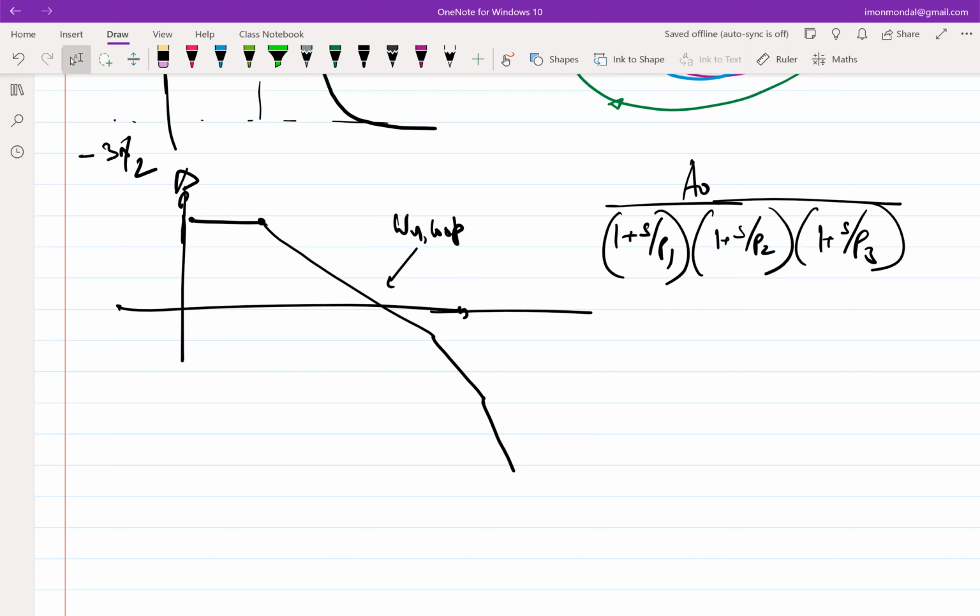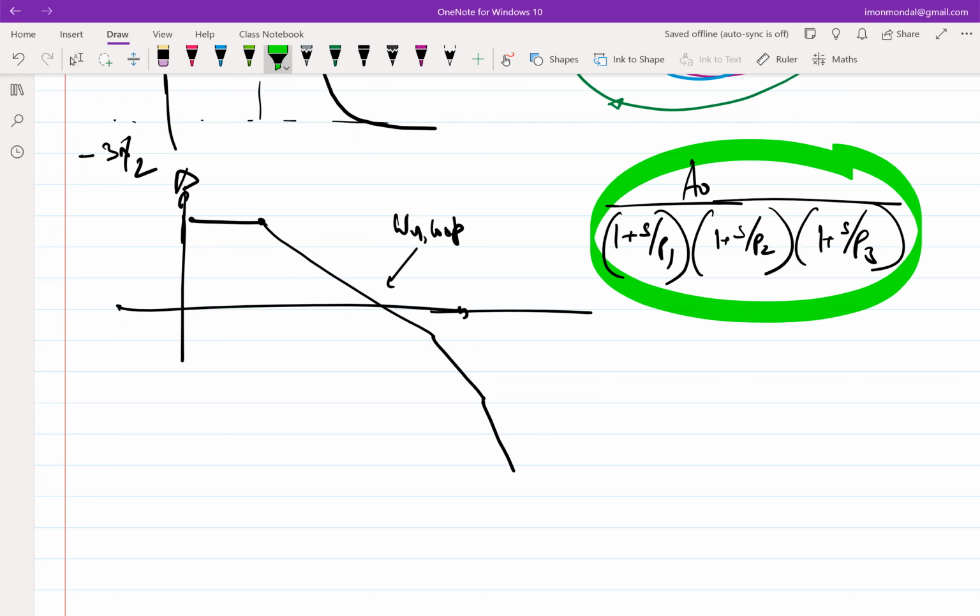Where it cuts the unit circle. In Bode's terms, it means you have to figure out the location of omega U loop. If you are only given the transfer function, the first thing you have to do is figure out what this Bode plot looks like. But you don't really know by looking at the transfer function where exactly your omega U loop is. So what will be your strategy?